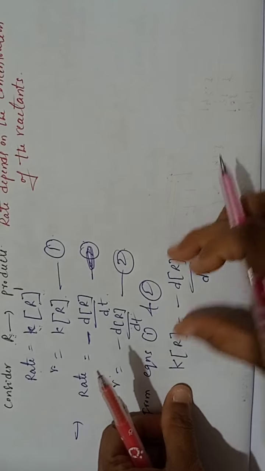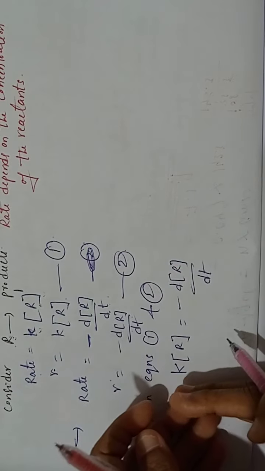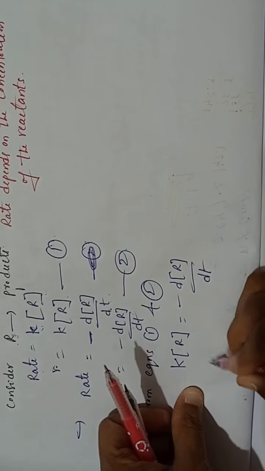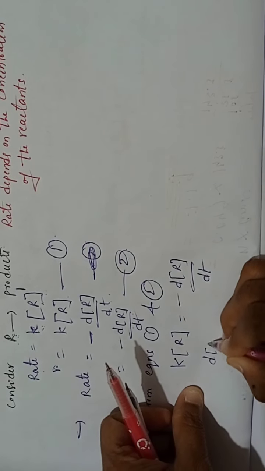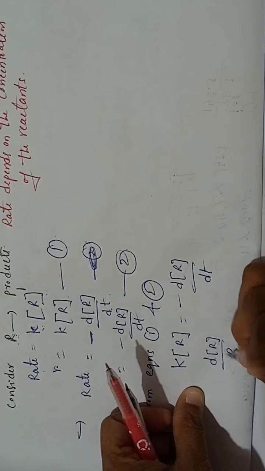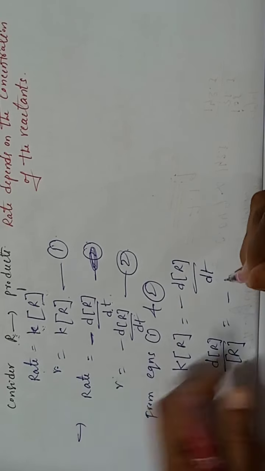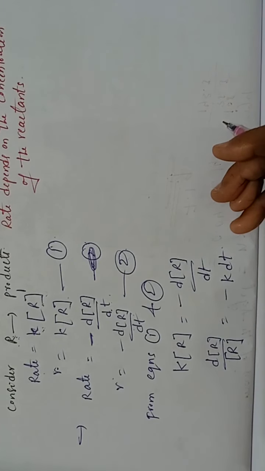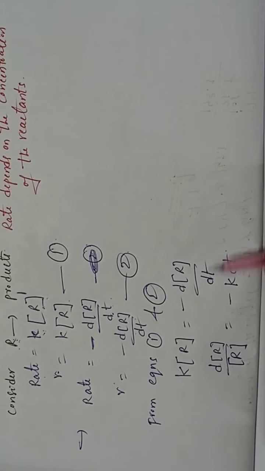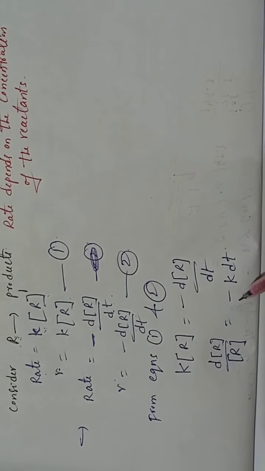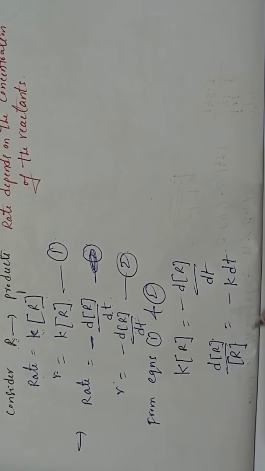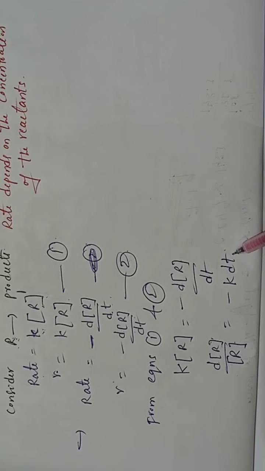Now we take all the R terms to one side and the constants and dt to the other side. So dR by R is equal to minus k into dt.